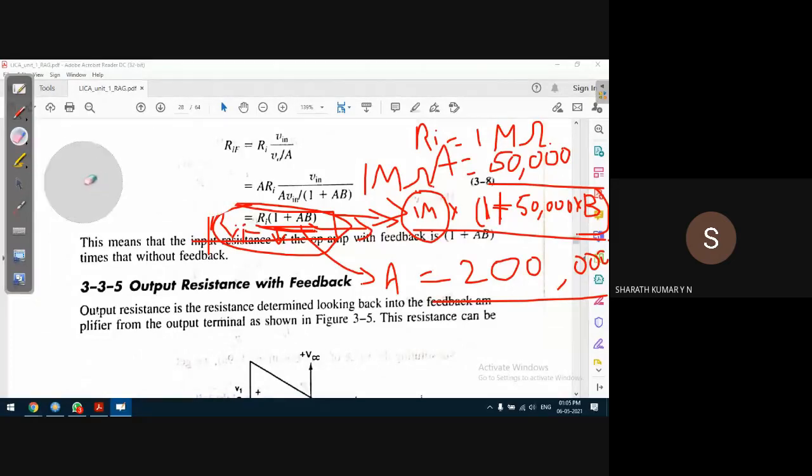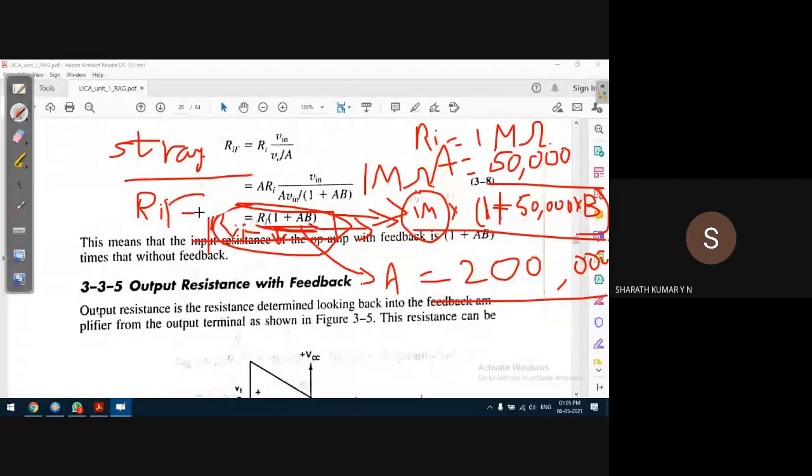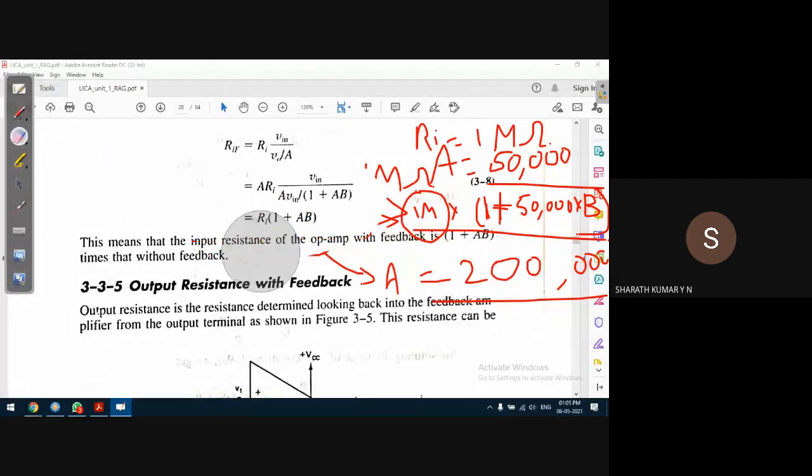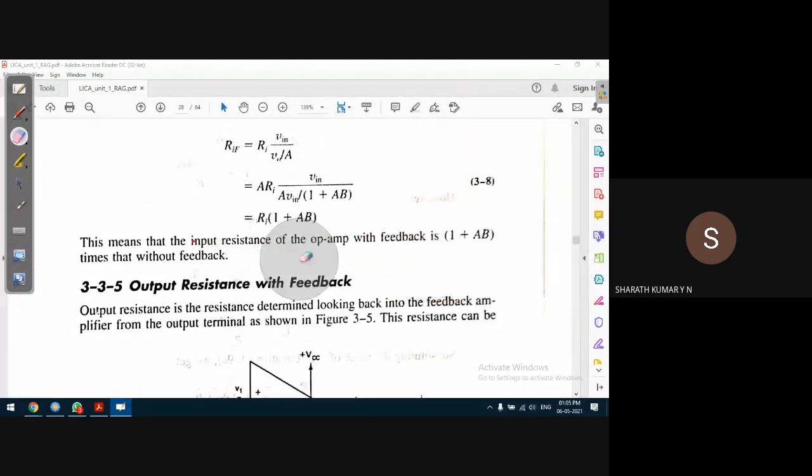But this factor depends on what is known as stray capacitance. That is not part of the course; whenever we come across it, we'll discuss it. This RiF is affected by the input stray capacitance, which is a drawback we will see later. But ideally, RiF increases rapidly because of negative feedback.